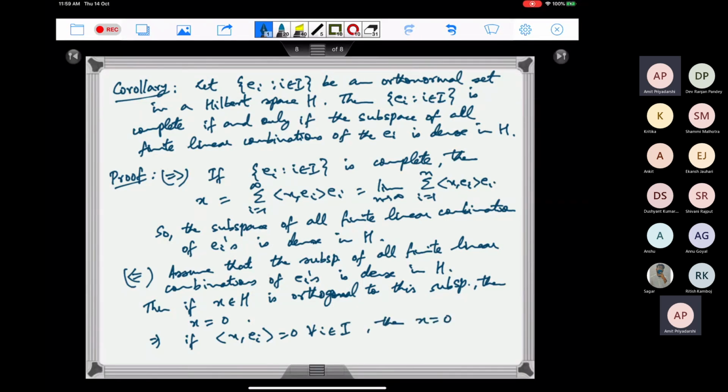Because if this is true, then this x will be orthogonal to any finite linear combination of these eis, and that will mean that x is orthogonal to all the vectors in this subspace, and that we know implies that x has to be 0. And then by 2 of the previous theorem, this implies that this set is complete.